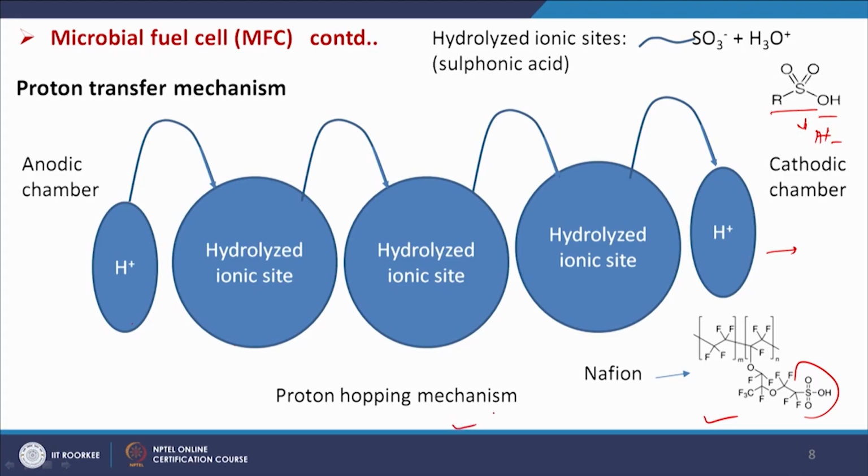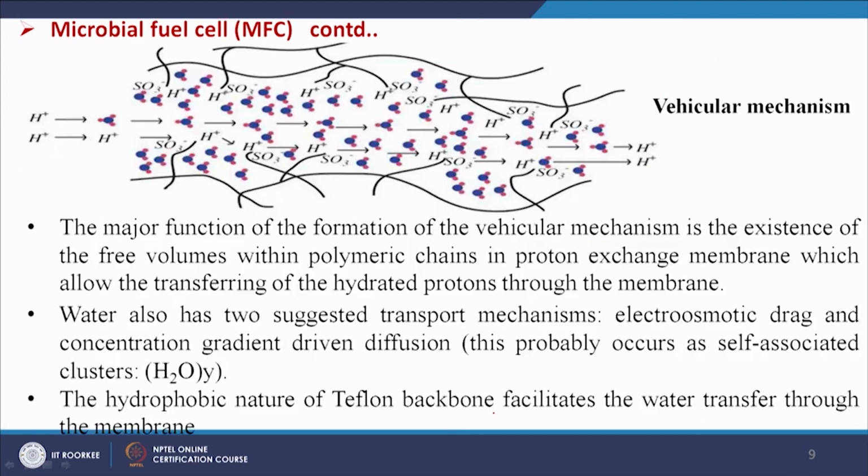There is another mechanism also, the vehicular mechanism. We have the membrane where the porosity and the gap are there, and through it H plus will pass. The major reason for the vehicular mechanism is the existence of free volumes within polymeric chains in the proton exchange membrane, which allow the transfer of hydrated protons through the membrane.